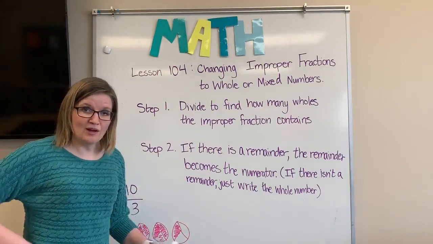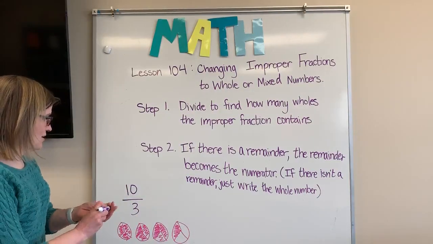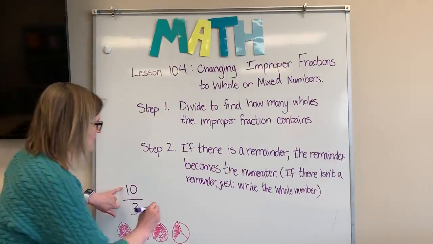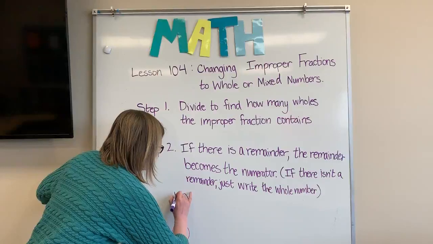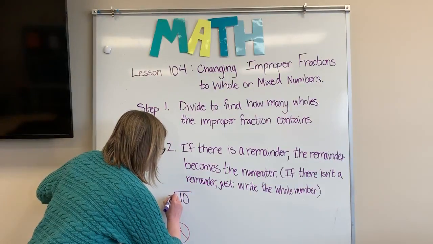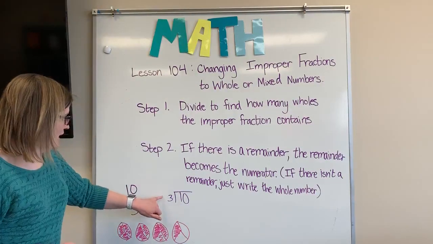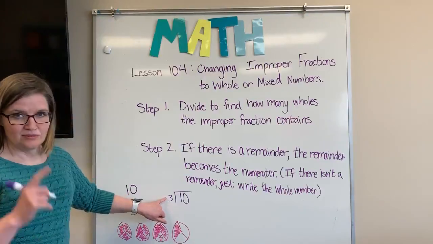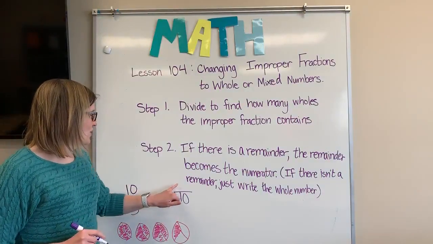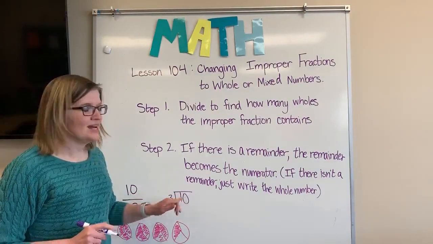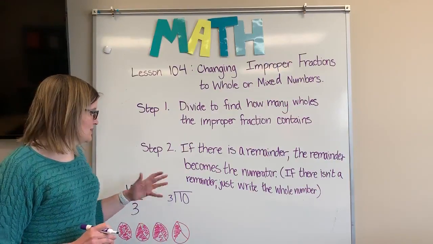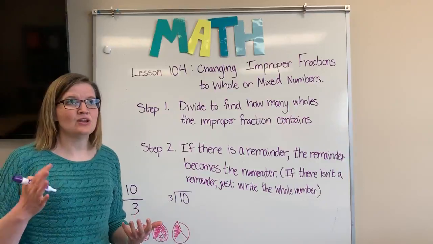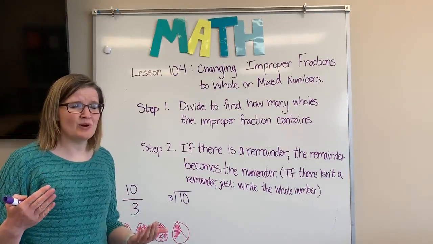So I'm going to do that right now. Remember, we divide the numerator, which is 10, by our denominator, which is 3. Using our math facts, 3 can go into 10 how many times? I know that 3 times 3 is 9, and I know that 3 times 4 is 12.